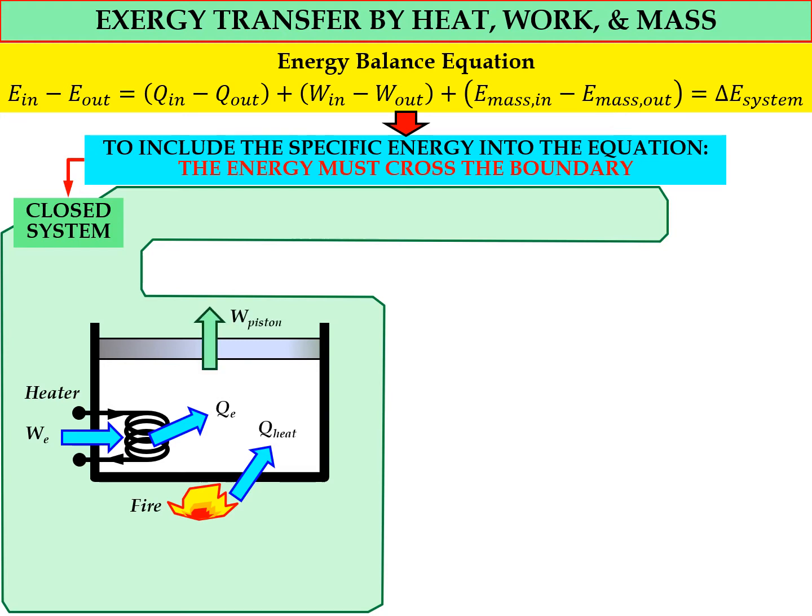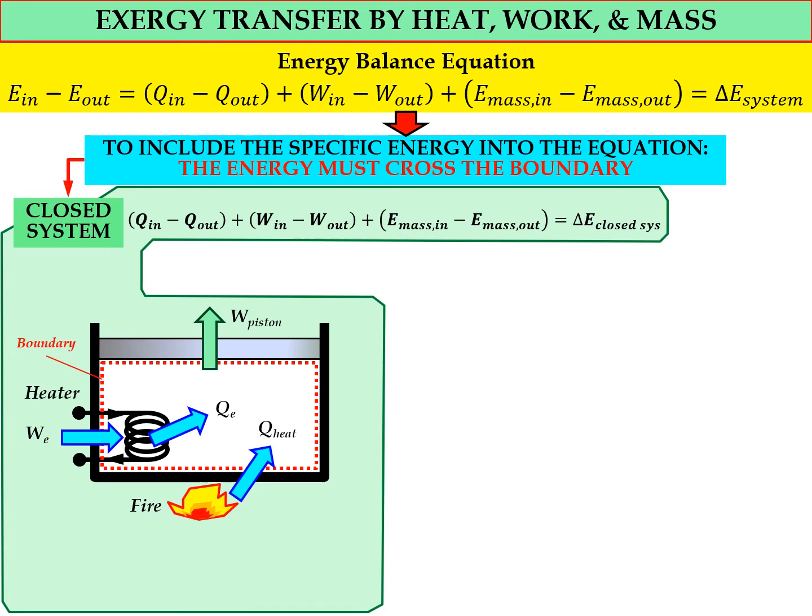Based on these two heat energies, it increases the temperature of the system and moves the piston up, so the system does work to the environment, and this work done to the environment is the work of the piston. The red rectangle is the boundary of the system.